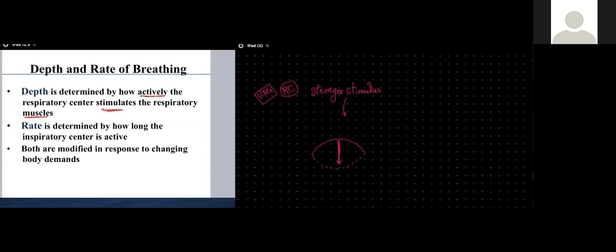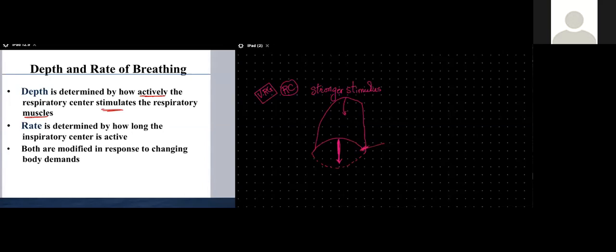And as I increase the force of contraction, what am I doing to the breathing? I will be creating a deeper breath. I'm increasing the tension in the muscle. And again, what increases the tension of the muscle is the strength of the stimulus that was sent from my respiratory center to my respiratory muscles. This is what I mean by how actively I am stimulating the muscle.